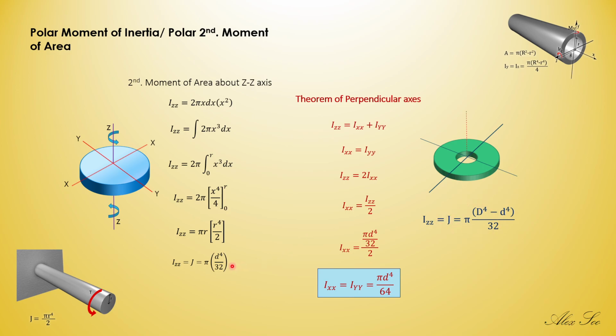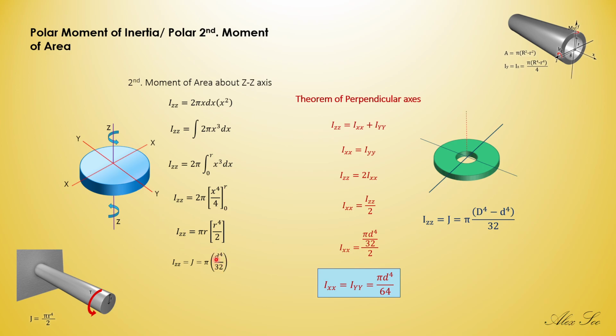So for a solid shaft, you have this. So Izz, that means the turning about the axis here. The turning of the disc here. Look at my laser pointer. About this axis. So you have the polar second moment of area for a solid disc is this.